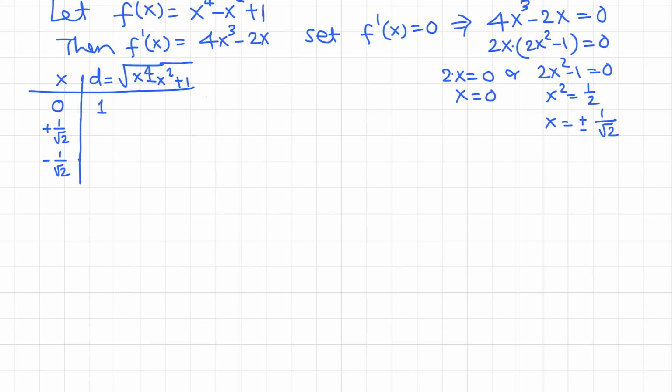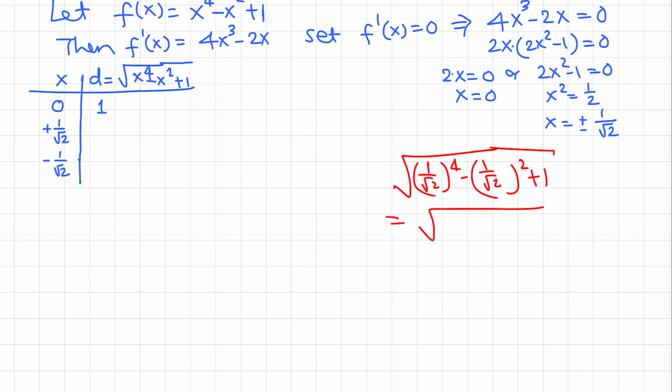Plug in 1 over root 2 here. Let's do a little bit of work. So the square root of 1 over root 2 to the 4th, minus 1 over root 2 squared, plus 1, because we need to answer in exact form, no decimals. So 1/4, use your calculator, 1/4 minus 1/2 plus 1. 1/4 minus 1/2 is negative 1/4. Negative 1/4 plus 1 is 3/4.